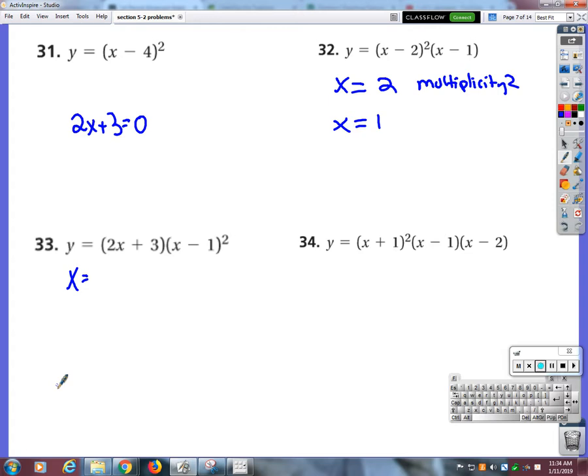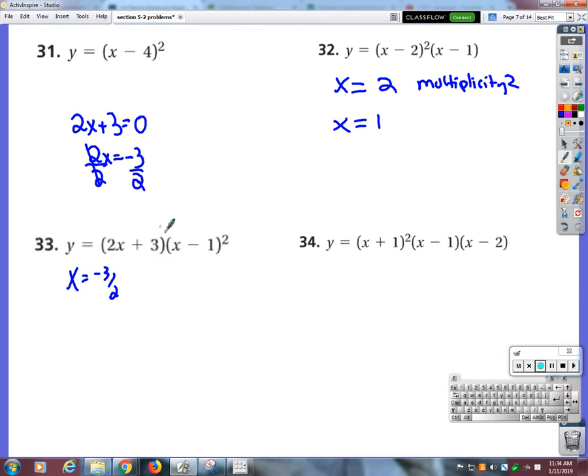So how do I get rid of the plus 3? Yep, minus 3 from both sides. And then how do I get rid of the 2? What's the 2 doing to the x? Right, so the inverse of timesing is... Okay, so I'm going to divide both sides by 2. So x equals negative 3 halves. That's the answer for this.